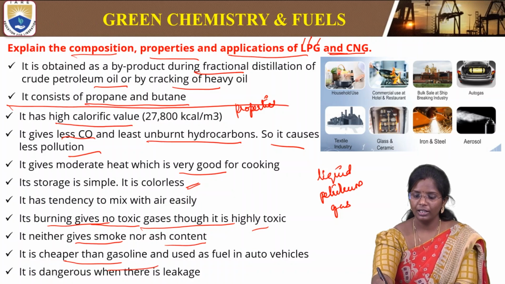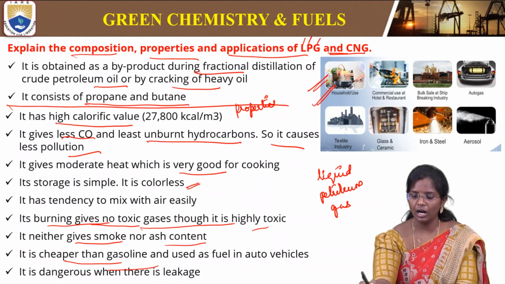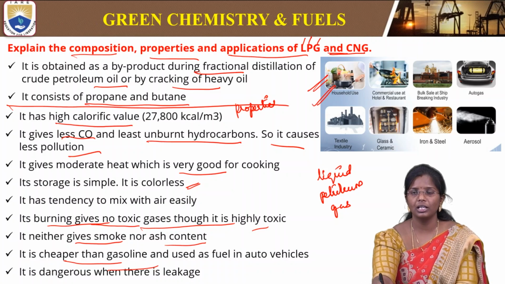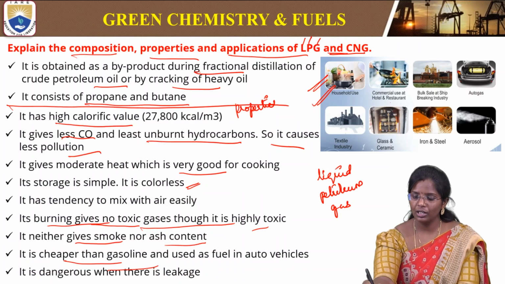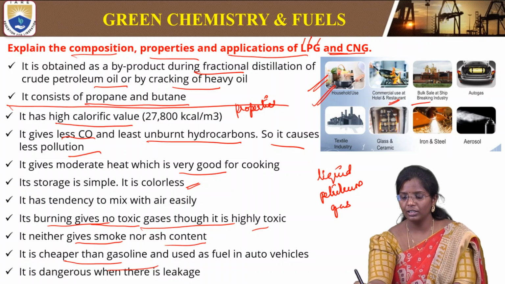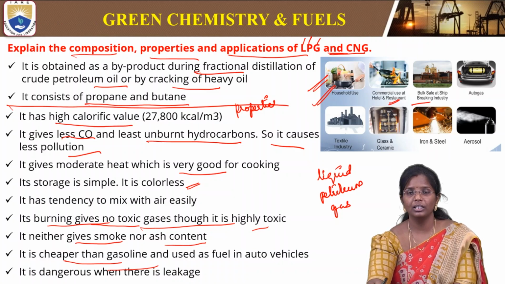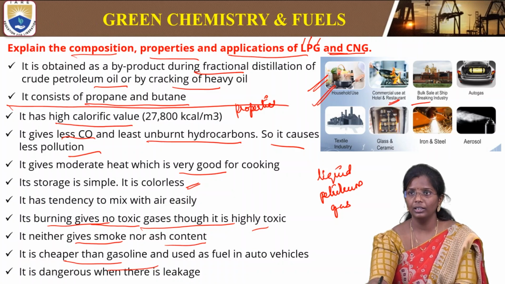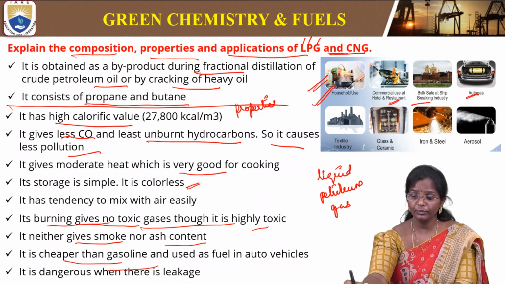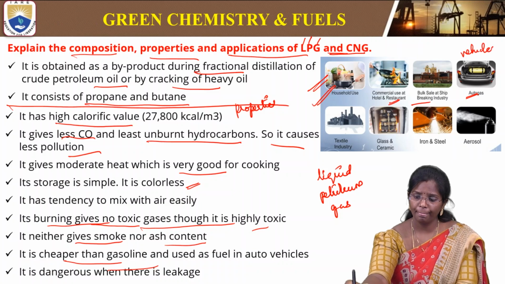So these are the various applications. It can be used for household use, for cooking that we use in our daily life, then commercial use at restaurants or hotels, then bulk sale for the ship breaking industries, and auto gas whenever we are using it for vehicles, we call it auto gas.